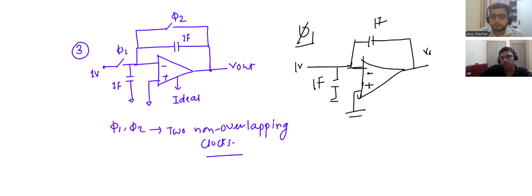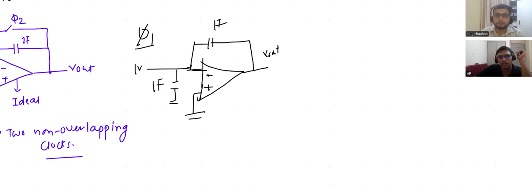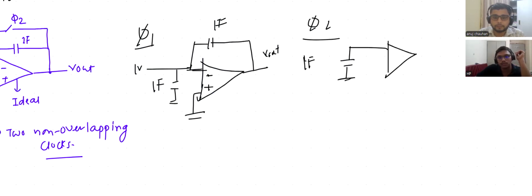Can you scroll this side? This is 1 farad during the phi 2 phase.